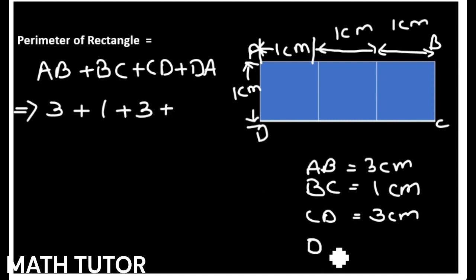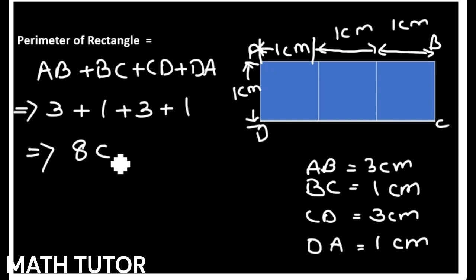The length of side DA equals 1 centimeter. From A to B length, BC length, CD length and DA length, we have to add to get the perimeter of the rectangle. That equals 6 plus 2, 8 centimeters, which will be the perimeter of the rectangle.